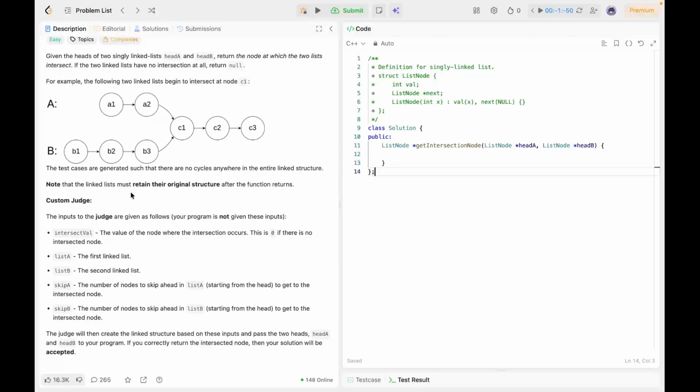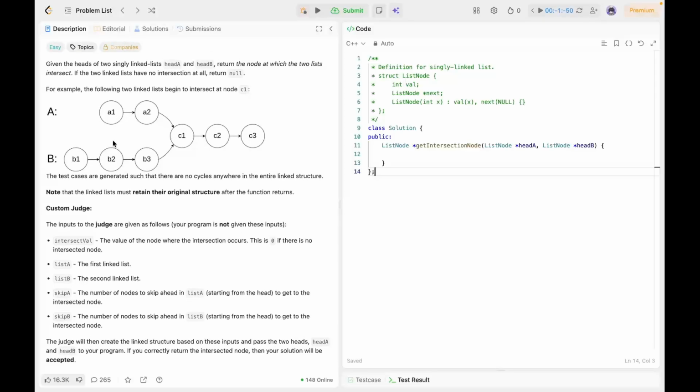Put one pointer on the head of linked list 1, head A, and another pointer on the head of linked list 2, head B. Keep moving head A until it reaches null, and the same for head B. When head A reaches null, move it back to the head of the other linked list and start traversing again.